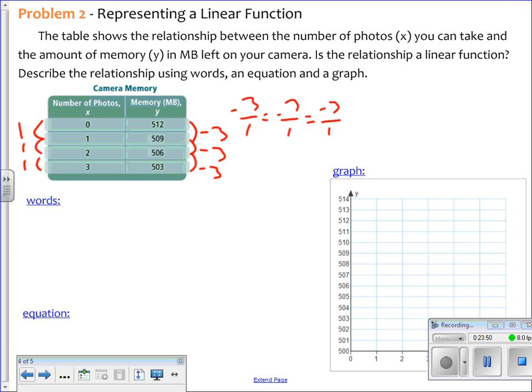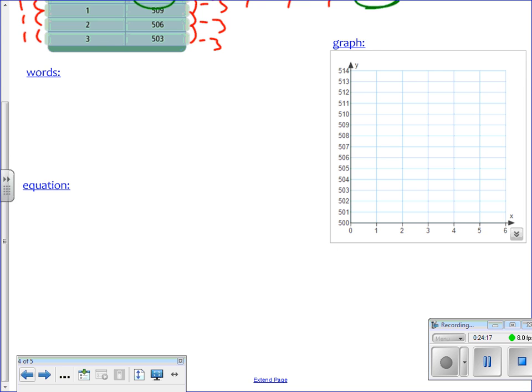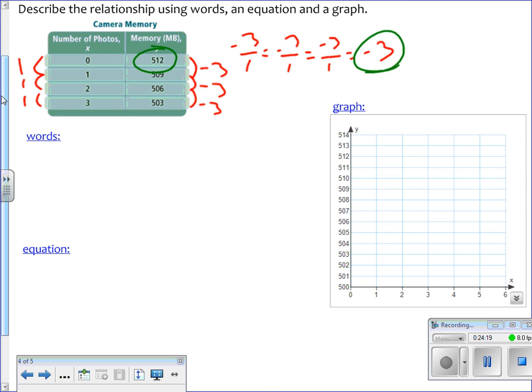And this is the important number here. What do I get when I divide them? I get -3. This is very, very important. There are 2 numbers that can be really important for figuring this out. This number here and this number here give you your equation. Because that's the hardest thing to get, I think, is the equation, figuring that out. And it's really easy when you have this.